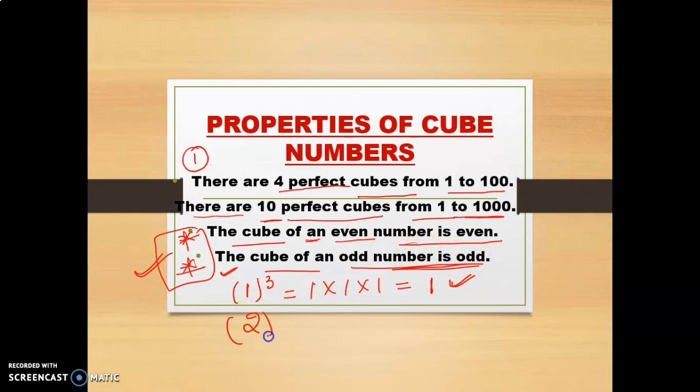For example, 2 is an even number. According to this property, the cube of an even number will be even. How? 2 into 2 into 2. 2 twos are 4, 4 twos are 8. Can you see? This is a very important property: the cube of an even number is always even, and the cube of an odd number is always odd.